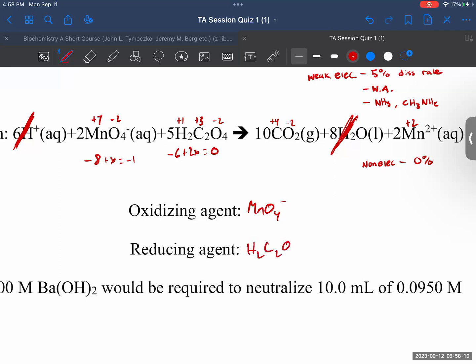So that is our reducing agent. But what is the only side of my chemical equation I should be looking at for oxidizing and reducing agent? The left, or the reactants. Only look at reactants when you're looking at oxidizing and reducing agent. Then remember that agent means it does the opposite. So oxidizing agent gets reduced, reducing agent gets oxidized.